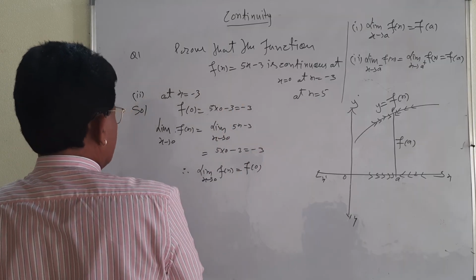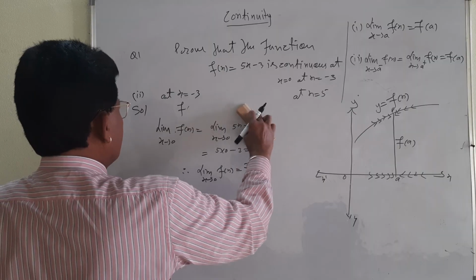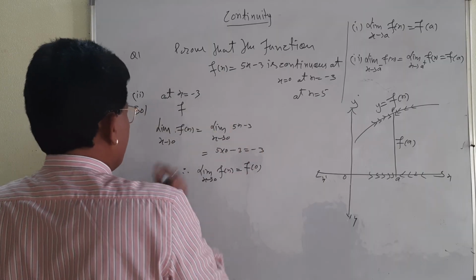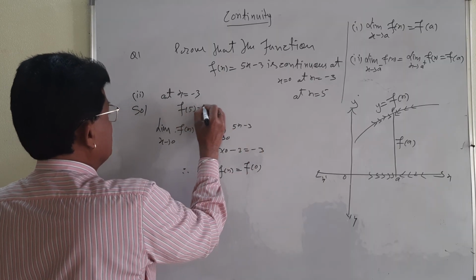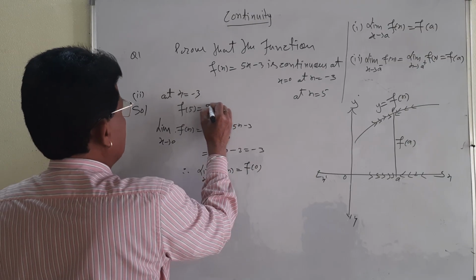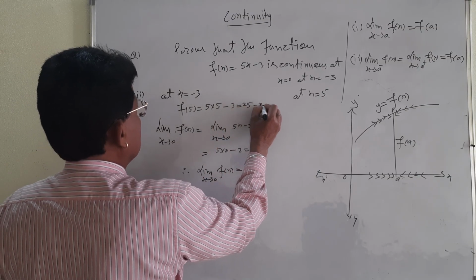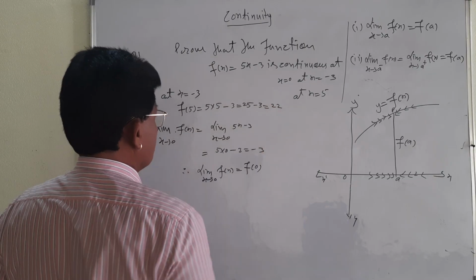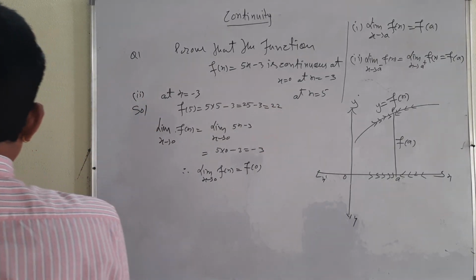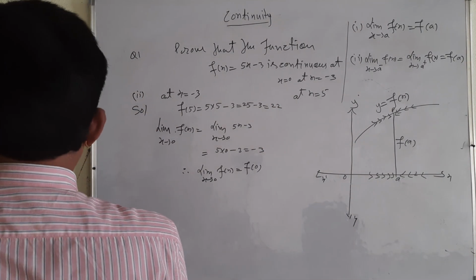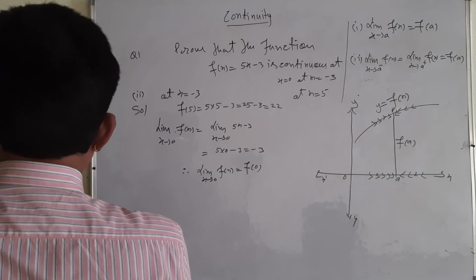Then I will take 5. The function will remain the same. f(5), you get its value, because the function is 5 into 5 minus 3. It will be 25 minus 3, that is 22.